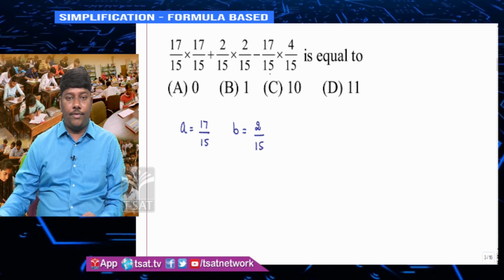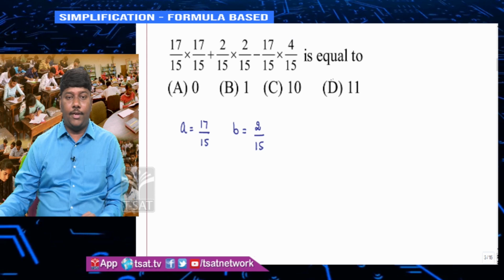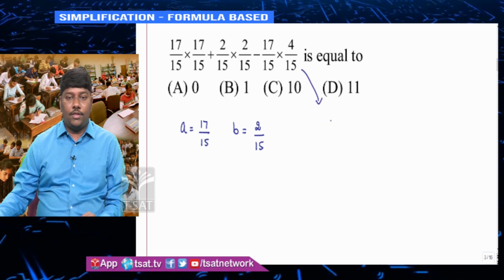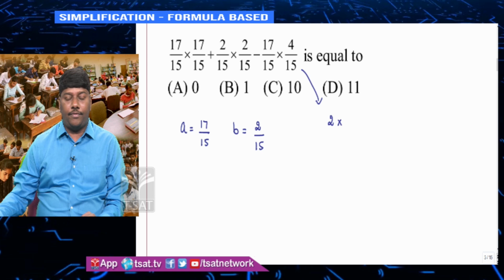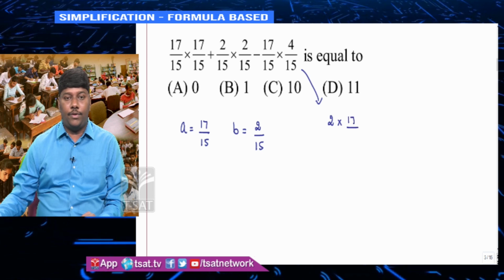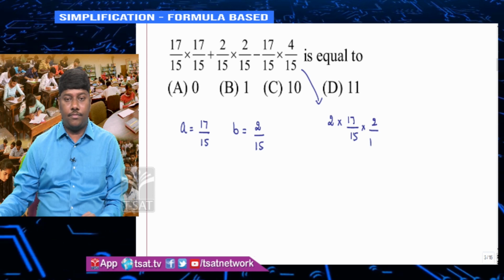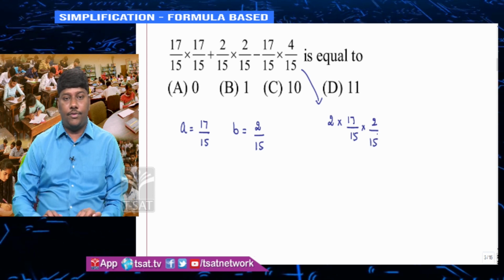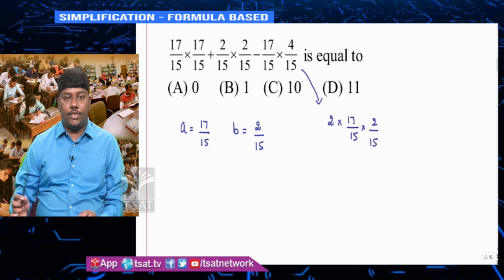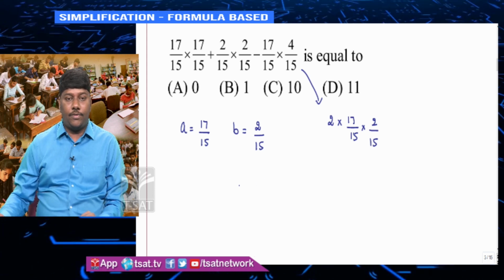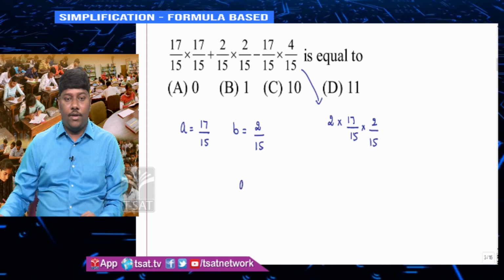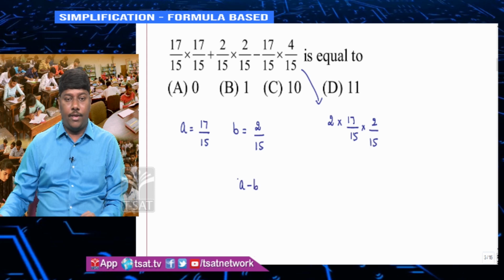Now 17 by 15 is your a. 4 by 15, how can I write this 4 by 15? You can write it as 2 into 2 by 15. So I am writing it as 2 into 17 by 15 into 2 by 15. So it's now simply based on a square plus b square minus 2ab. What is a square plus b square minus 2ab? It's a minus b whole square.